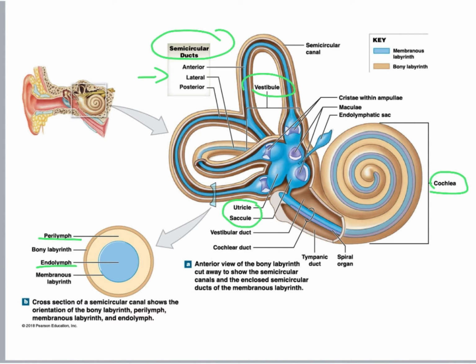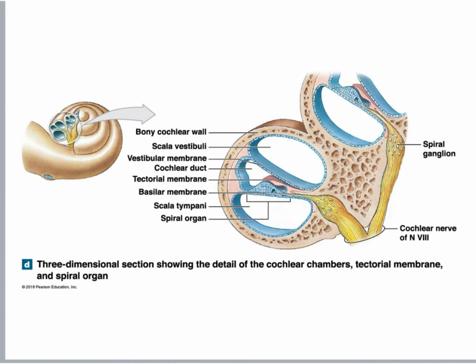So inside the cochlea, we have the so-called cochlear duct. And inside the cochlear duct, we have the endolymph that I just mentioned. Zooming in on the cochlea to have a more detailed view of the cochlear duct, we can see that the cochlear duct lies in between two chambers, the scala vestibuli and the scala tympani.